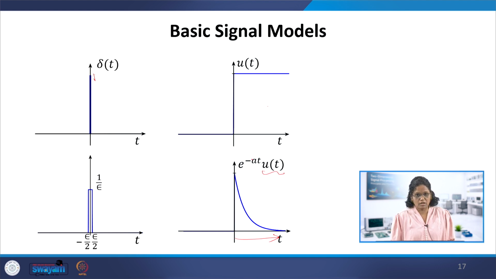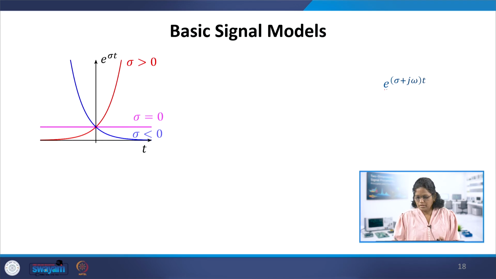Whatever signal you multiply with u of t becomes a signal which is defined only for t greater than or equal to 0. Now if we take e power sigma plus j omega t, neglecting the e power j omega t part and taking only e power sigma t, where the omega part is neglected and sigma equals 0, this part becomes 1.